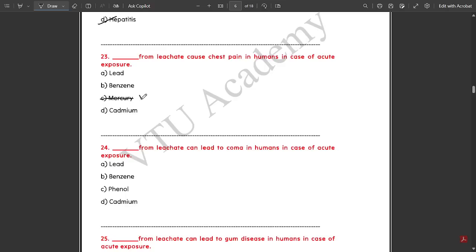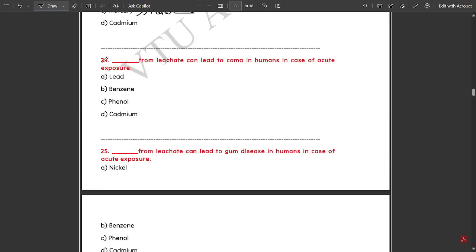So this should actually be phenol. The answer is phenol. Dash from leachate can lead to coma in humans in case of acute exposure. The answer is nickel.